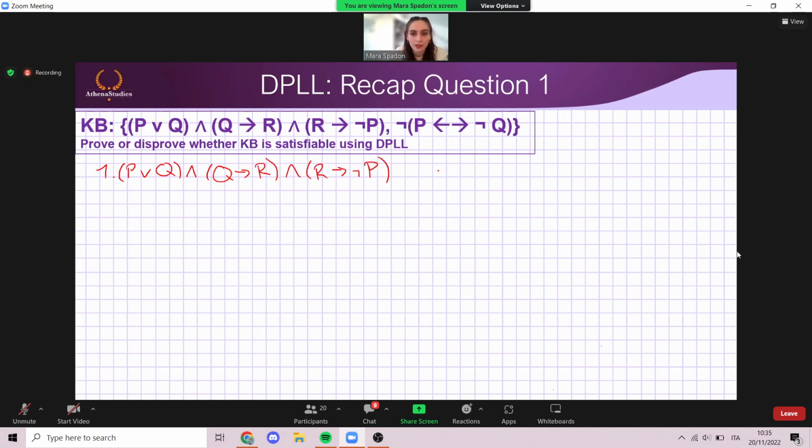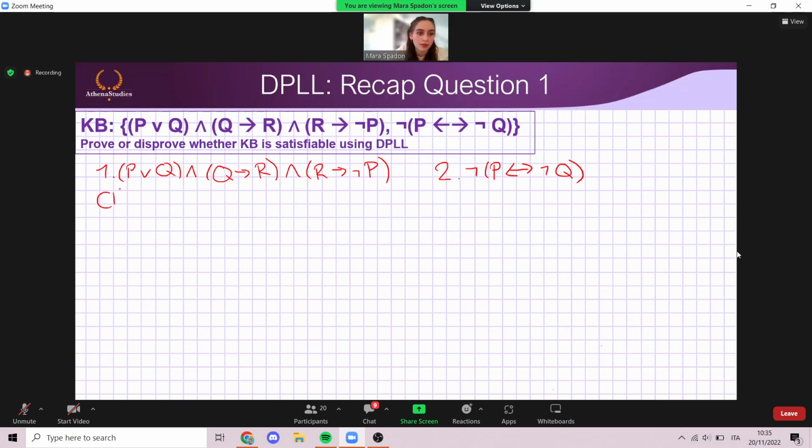We have Q implies R, and we have R implies not P. Okay, and then our second formula is not P if and only if not Q. That's our first step. Then we want to convert it to CNF. So for this one, it's pretty easy, right? What do we do here? For CNF, we only have these conjunctions that we can split up.